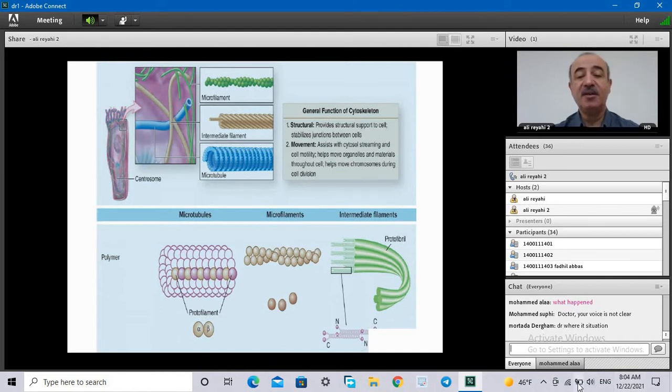The cytoskeletal proteins are involved in some junctions between two cells. And the second general function is movement, assisting with cytosol and cell motility, or cell movement, okay.